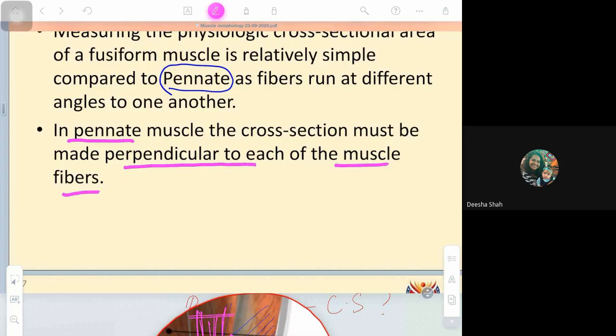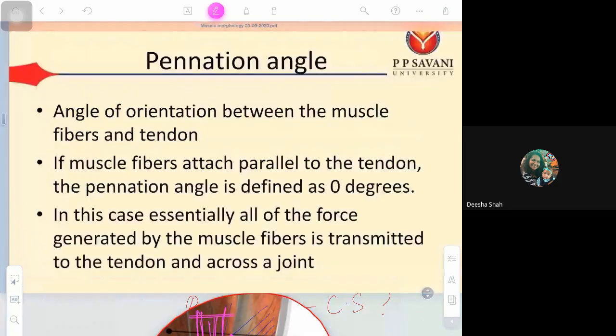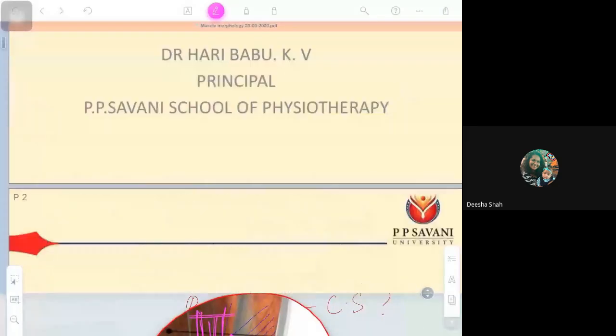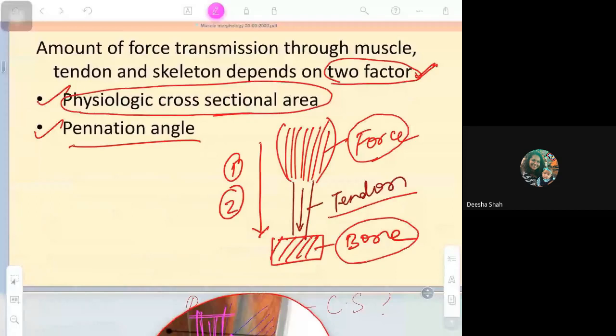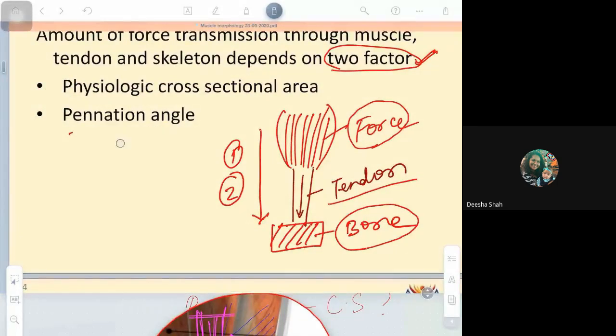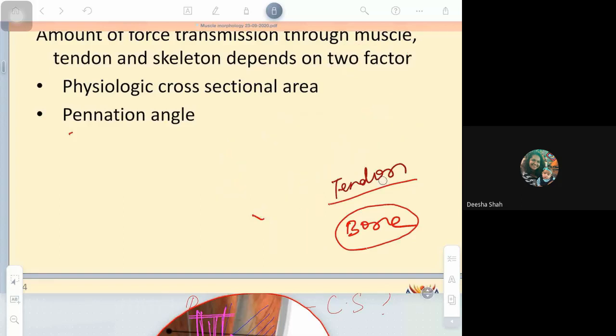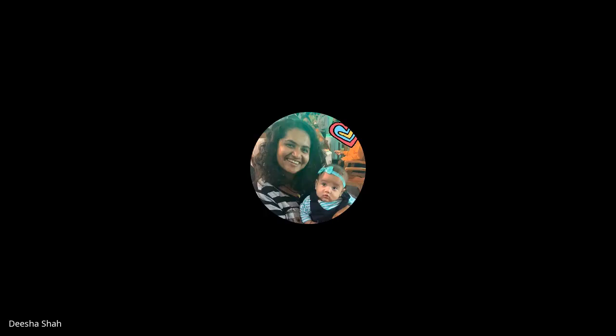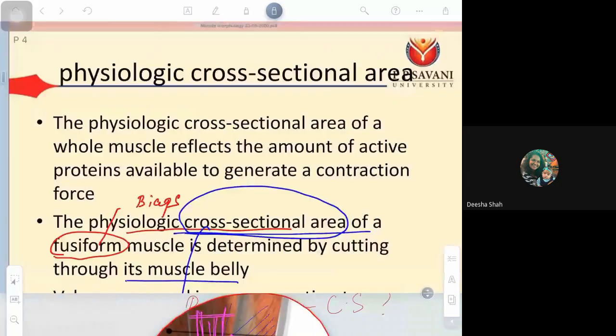First we discussed, this is the second point. What is the first point? The first point is physiological cross section. What did we study in physiological cross section? We discussed that you have to measure the cross section of a fusiform muscle at the bulk, in the muscle belly.